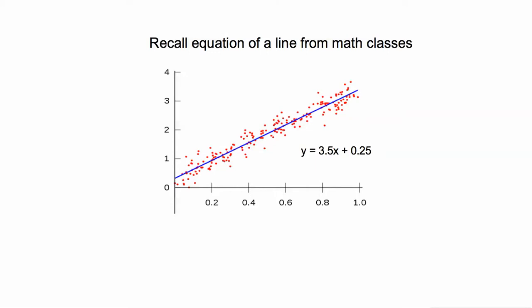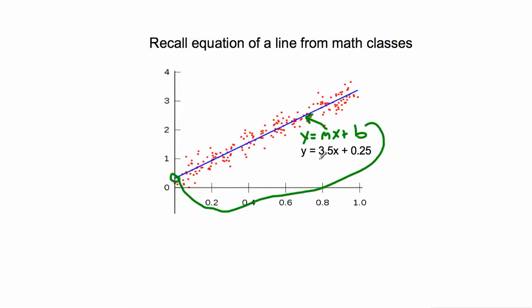Let's start recalling the equation of a line from math class. So here is some data, quite a bit more data than we would ever take in class, and here's a best fit line through that. You'll recall from math class, an equation of a line has the general form y equals mx plus b, where m is the slope of this line and b is the place where the line intercepts the y-axis.